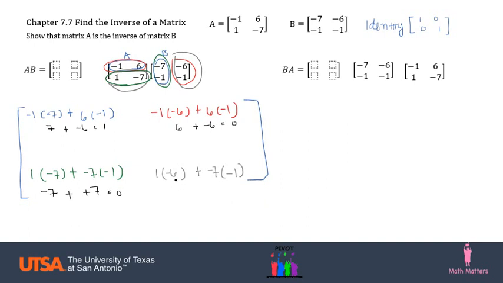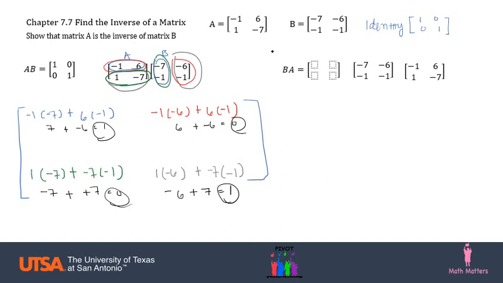And then negative 6 plus positive 7 equals 1. So these are going to be our answers. And then this is the identity. So 1 and then 0 and then 0 and then 1.